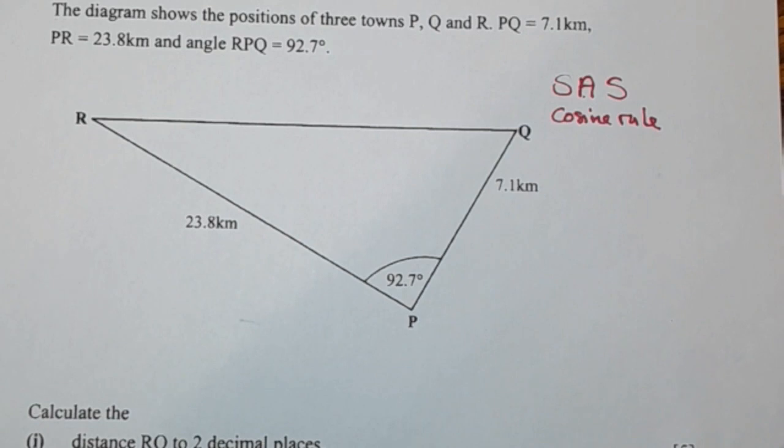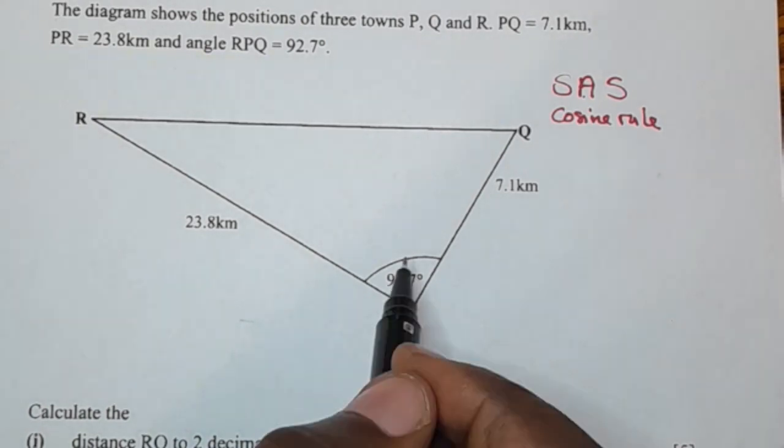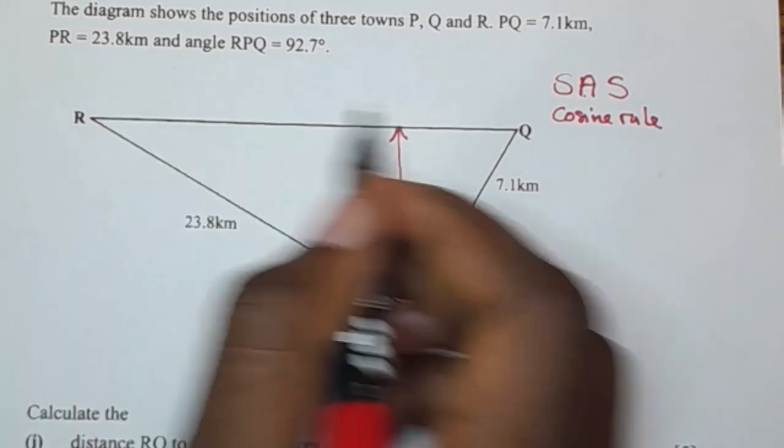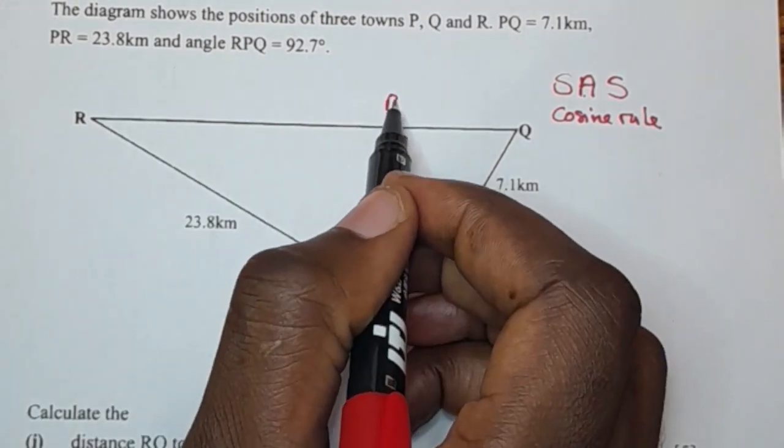Now, how does the cosine rule work? You can see that you have capital letter P here. The capital letters indicate the vertex at which the angle is. So on the opposite side of this vertex P, you are going to put a small letter p.